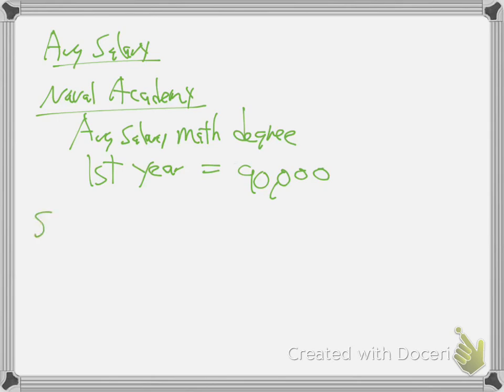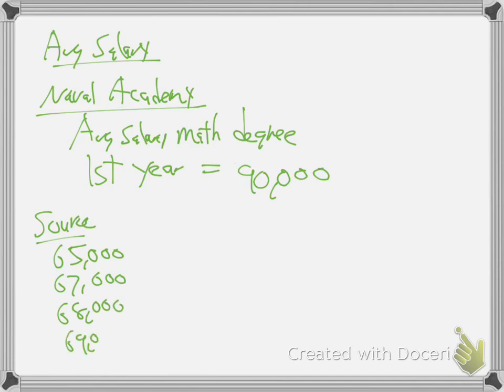Let me tell you the source of this information. Here's the actual, again, I'm making this up, but here could be the numbers. I'm sure they were something like this, of those who went to the Naval Academy and graduated with a math degree and got a job. These are the salaries.